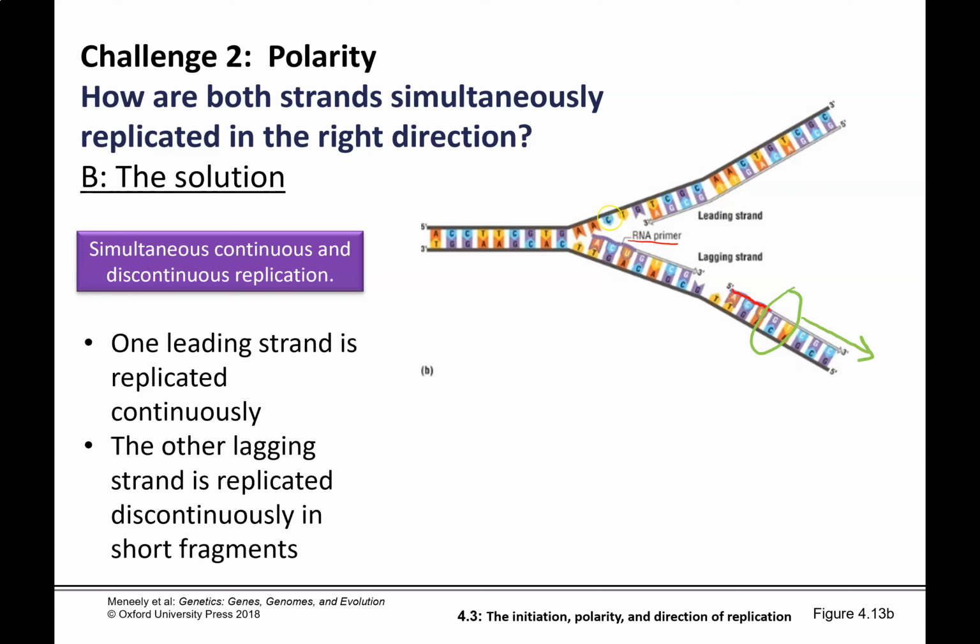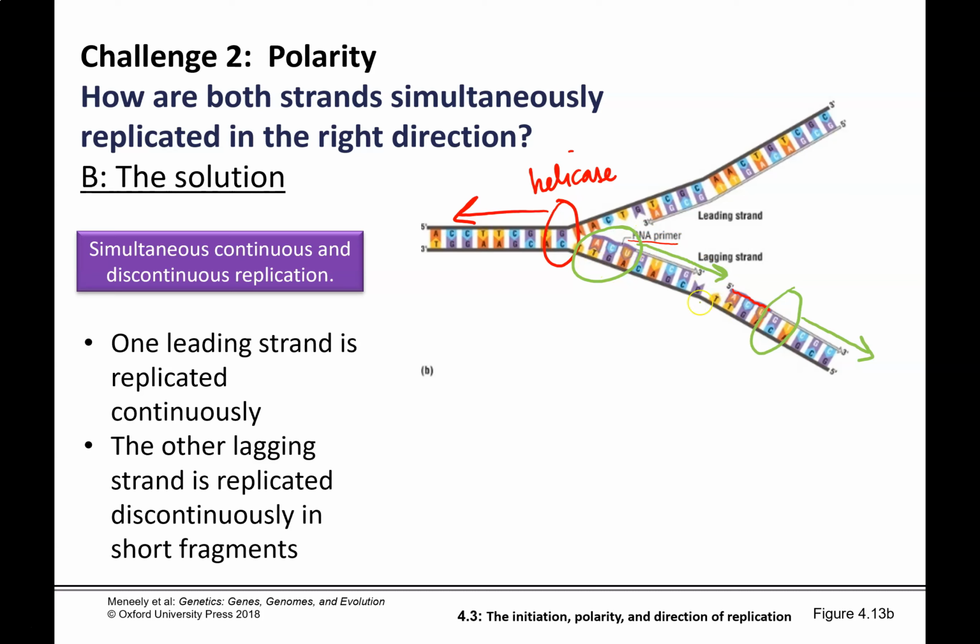Now, as that helicase moves along the replication fork, here's our helicase again, as that helicase moves, it's going to open up more exposed strands. And so another RNA primer can come in and lay down, and a second DNA polymerase can move in and continue working this way.